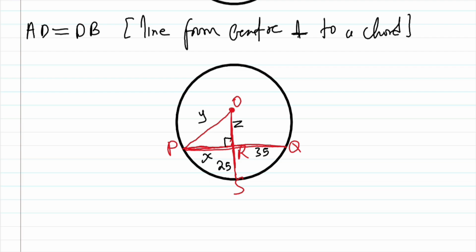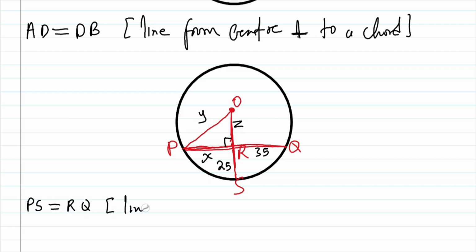The first thing we notice in this circle is that we have a chord, which is PQ, because line PQ joins 2 points on the circumference of the circle and does not pass through the center. OR is a line from the center, and it is also perpendicular to the chord, so it will bisect that chord, which means PR will be equal to RQ.